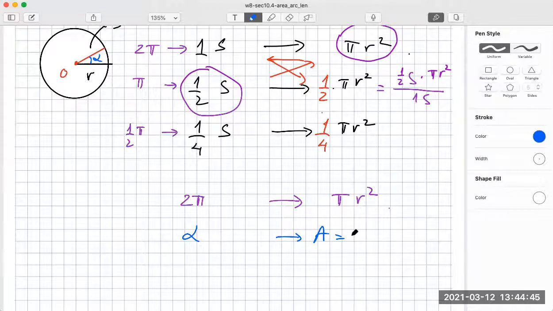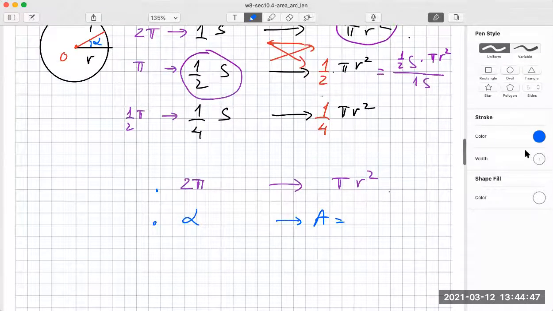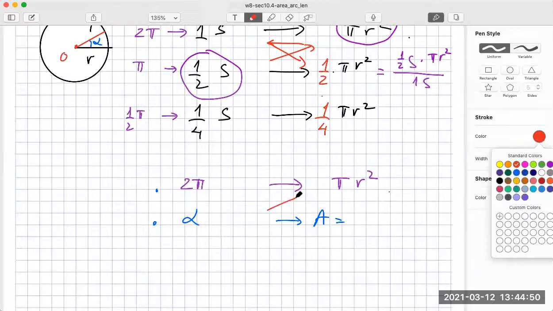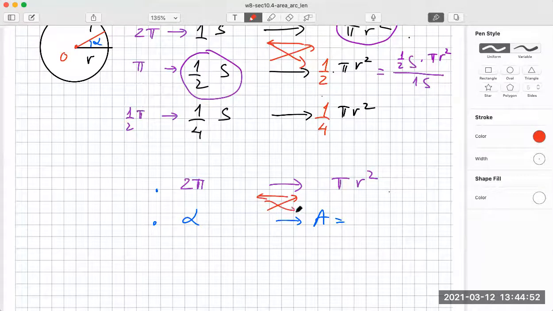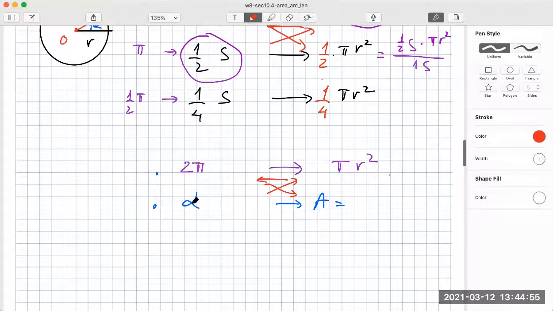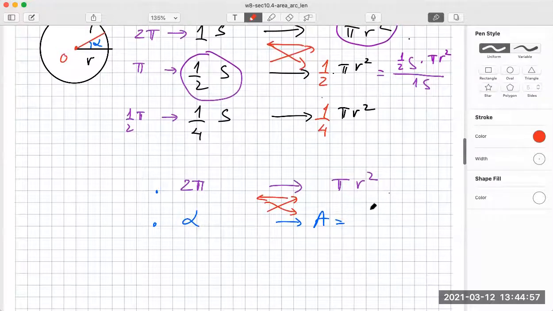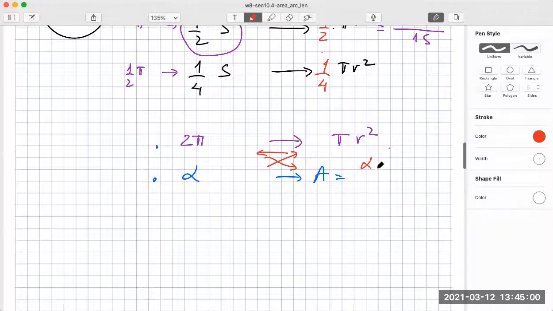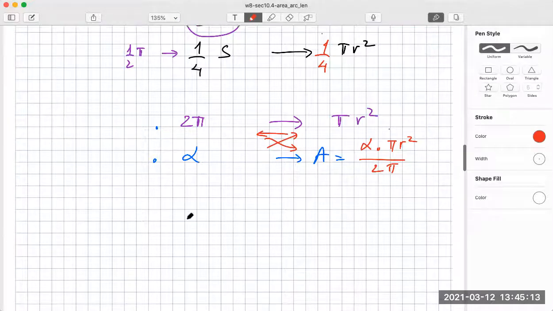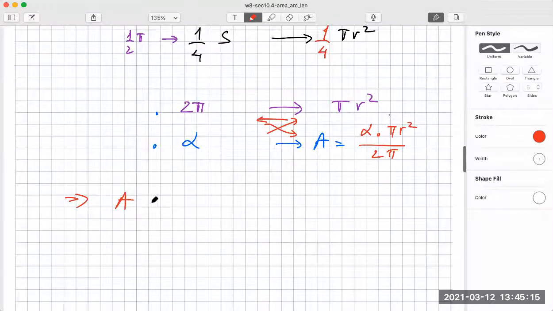Let us call it A. The proportional rules tell us that the area of this will be alpha times pi r squared divided by 2 pi. And pi appears in the numerator and the denominator. Therefore, we have the formula.